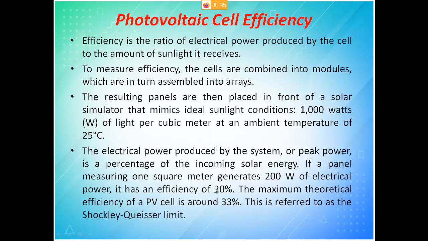Till now we have manufactured panels which have a maximum efficiency of only 33%, which means only 33% of the solar power is converted into electricity, but that is also theoretical. Theoretical doesn't always match the practical, so practical will be less than theoretical. So practically, the maximum efficiency solar panel which was developed is only 20%.